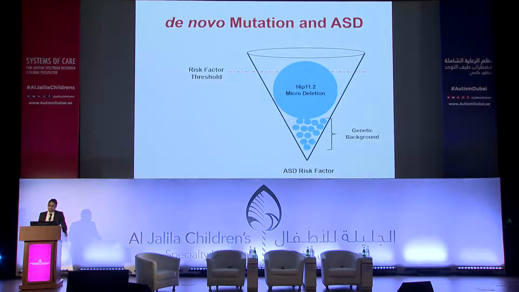So in autism spectrum disorder, de novo mutation carries a large volume of the risk factor. This is what I'm going to talk about today, the contribution of de novo mutation in autism spectrum disorders.